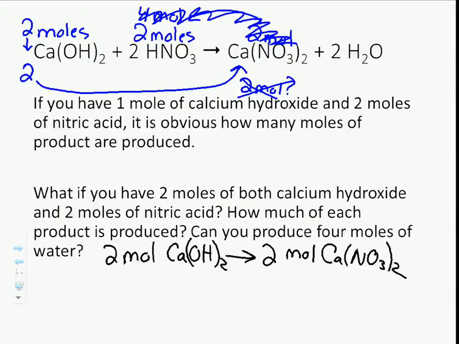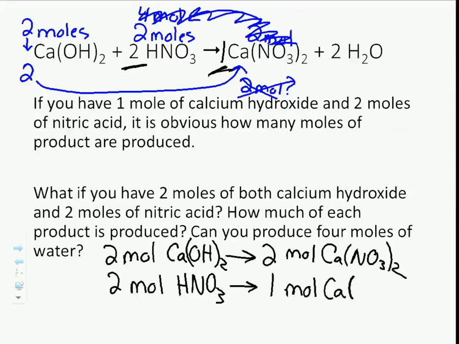But at the same time, you're only starting out with 2 moles of your nitric. 2 moles of your nitric would only produce 1 mole of your calcium nitrate. So which of these 2 is produced? Are you producing 1 mole or are you producing 2 moles? You're only going to produce the smallest number of the 2 because your nitric acid is limiting the amount of calcium nitrate that can be produced.